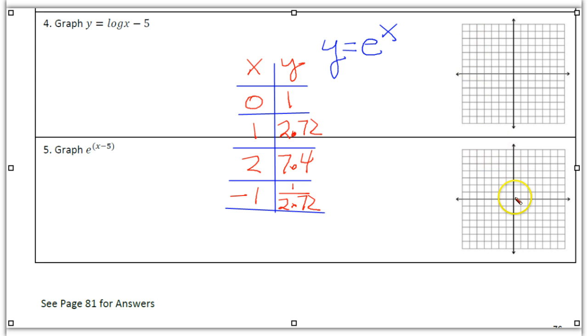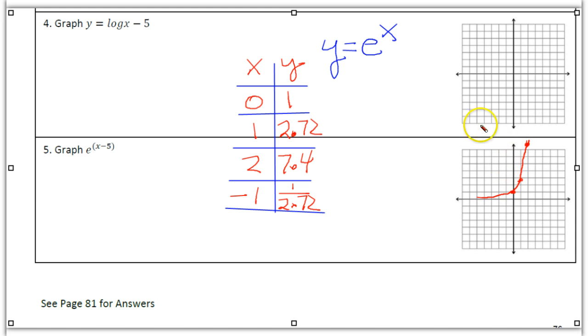And if we graph this, if x is 0, anything to the 0 power is 1, so it's right there. And if x is 1, e to the first is just 2.72. E to the second power goes up here to about 7.4, just to give you an idea. And then of course it gets close to the asymptote on this side. So the basic curve is like that.